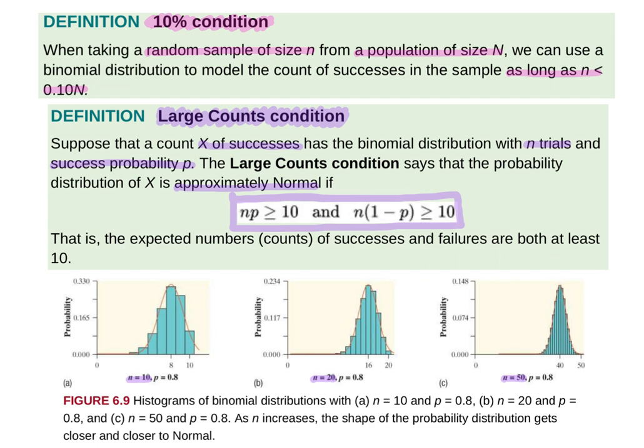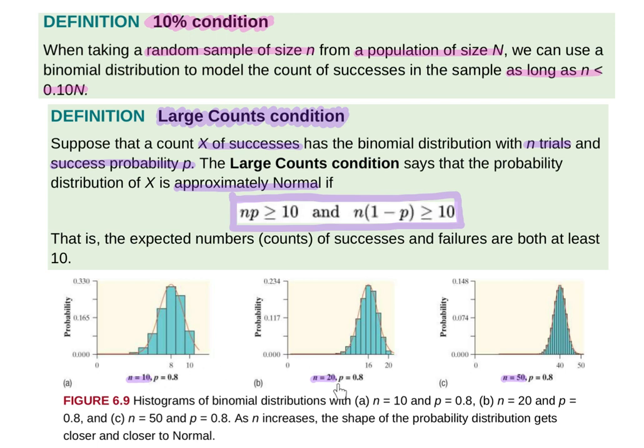And this visual gets to this large counts condition in terms of normal distributions. So if you have the same probability in all three, they're all 0.8 or 80%. If you start with n equals 10, so a number of trials is 10, you get this distribution. Looks kind of normal, but it gets far more quote unquote normal, with capital N, right, because statistics.